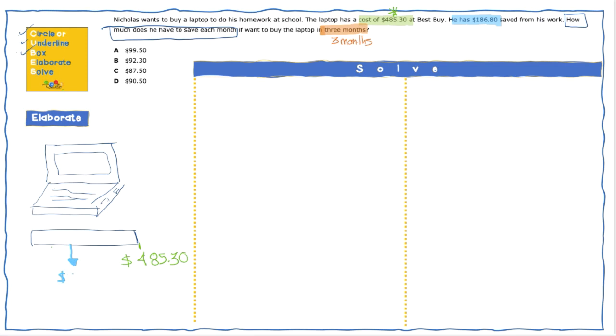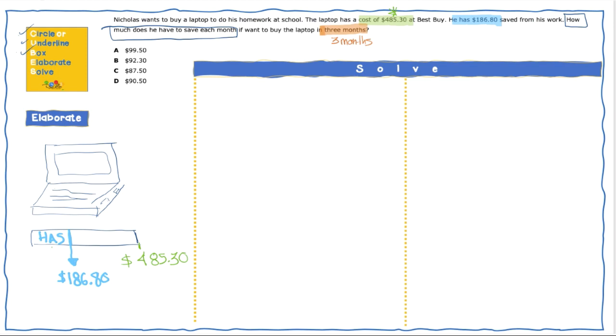And I'm going to put here, this is what he has.